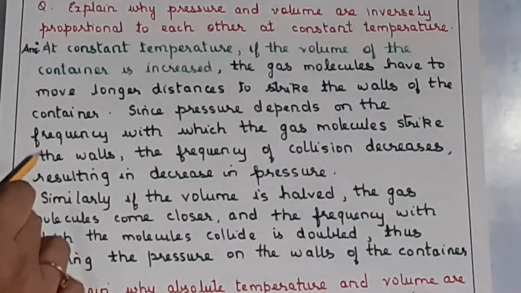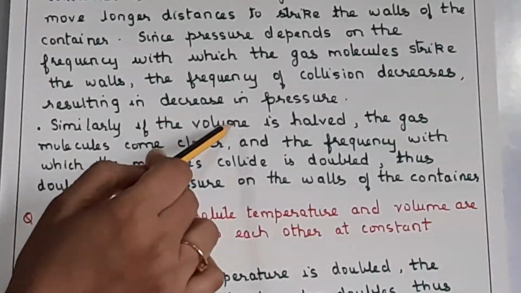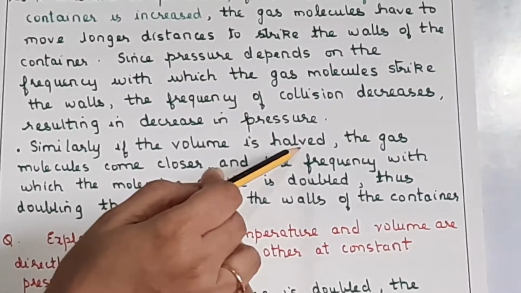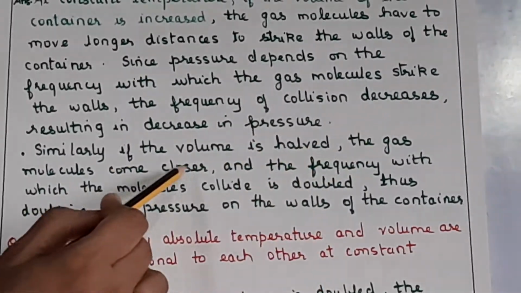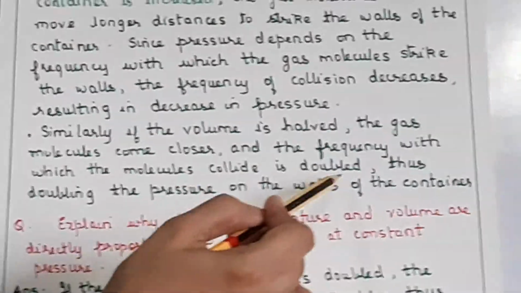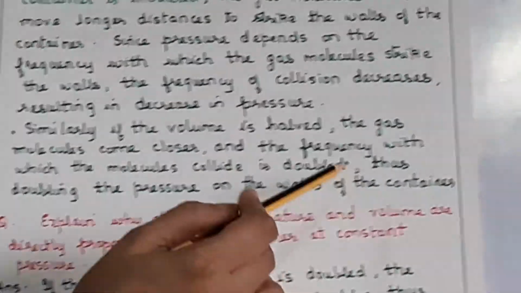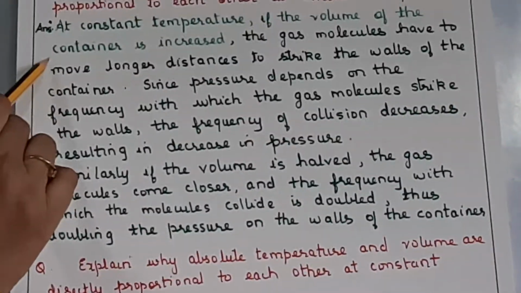So it is inversely proportional. Now what will happen if you decrease the volume? If you reduce the volume, what happens? Gas molecules will come closer and the frequency with which they collide is increased, thereby increasing the pressure on the walls of the container. So this is the reason for Boyle's law.